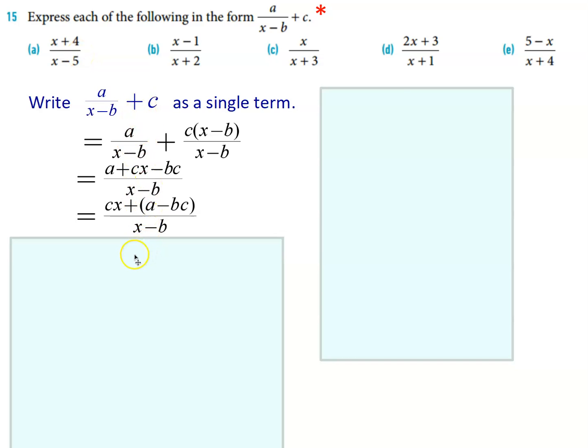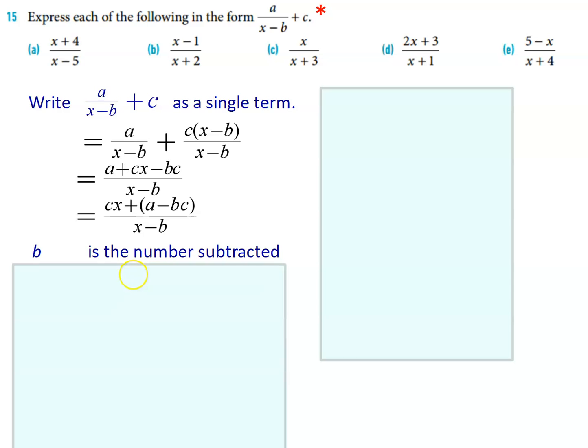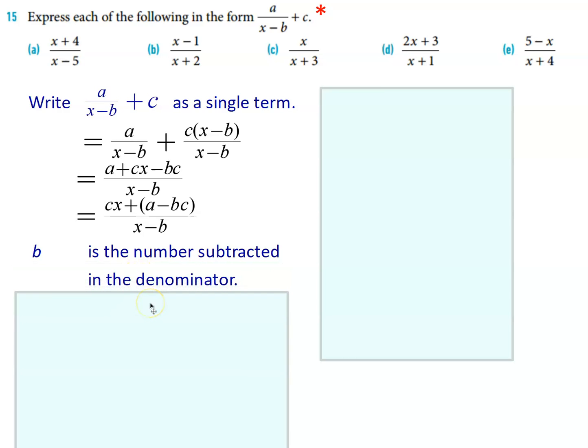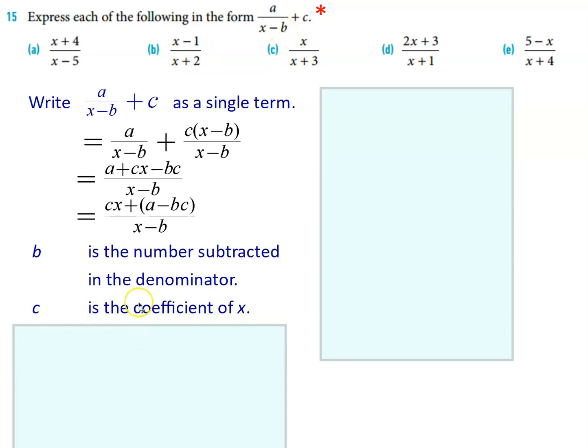So having done all of that, what I can say is b is the number subtracted in the denominator. So whatever that number is, subtracting 5, for example, b is equal to 5. C is the coefficient on x. So in this case, the coefficient on x is just 1, so c equals 1.